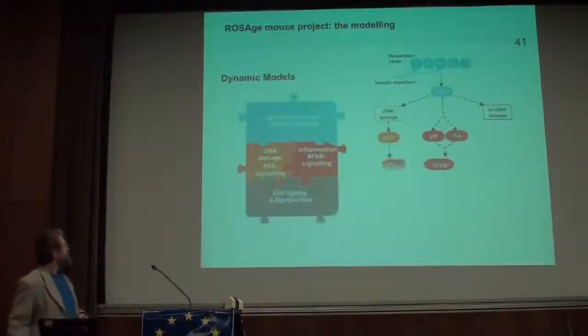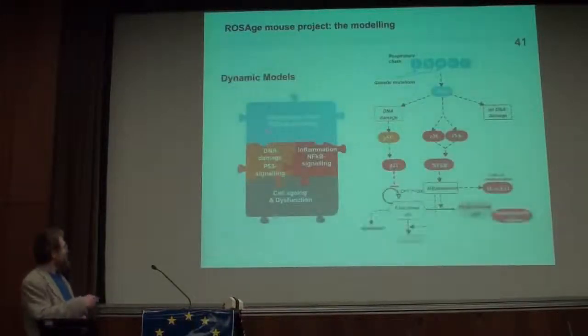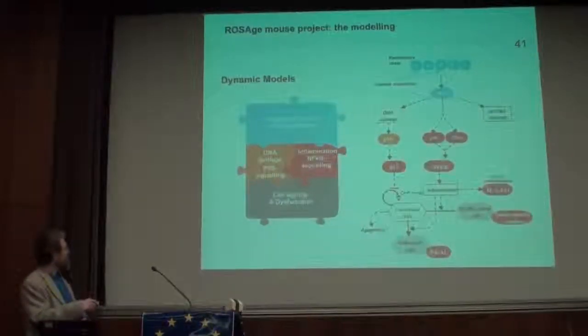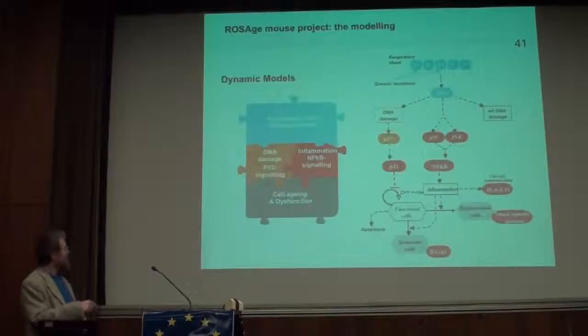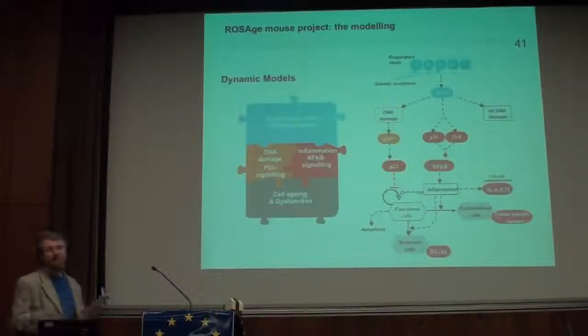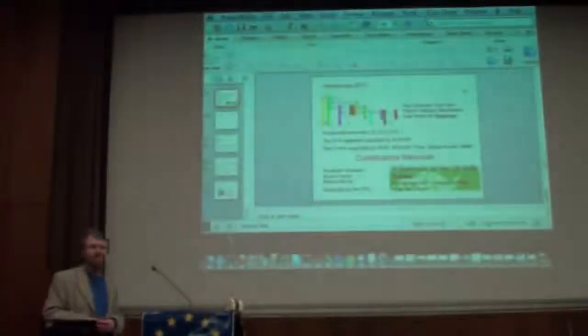So we've got models of the respiratory chain, ROS production, DNA damage, P53 inflammation-related signaling, and cell aging and dysfunction. And those are some of the interconnections of the things that we are measuring, like P53, P38, and some others. And this is supposed to yield a small systems biology based model. Yes. Thank you very much.